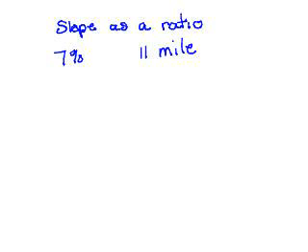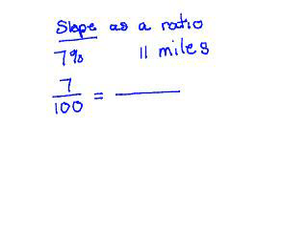What we're going to do then is set up the slope as a ratio. So the ratio is going to be 7 over 100 for 7%. And we want to look at the ratio then. We're going 11 miles, and we want to know what the drop in the altitude is going to be, the height there. Okay, so we would cross multiply.